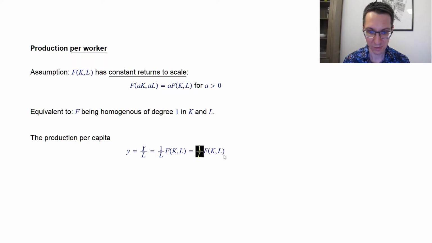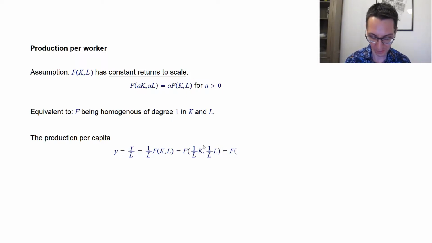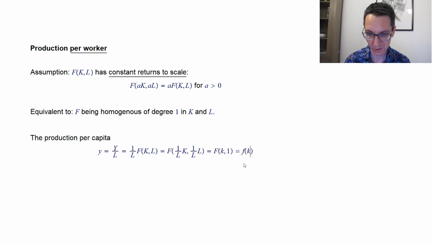So I get f of 1 over L K, 1 over L L. So then it's easy to see that I get f of K over L, which is small k, and 1. And we're going to define this as small f of small k.